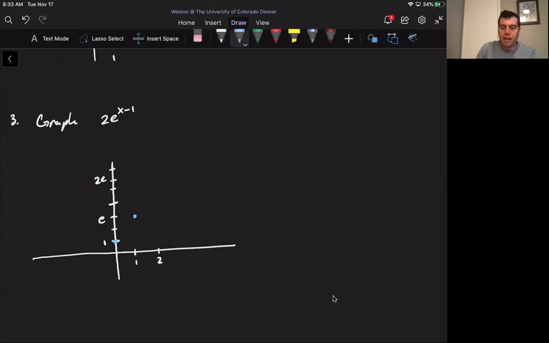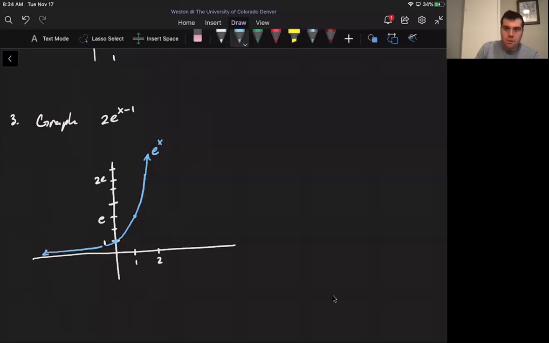Just remember that e is somewhere around 2.71, so it shouldn't appear above 3 and it shouldn't appear below 2. And then we just sketch in the curve. So that's e to the x.